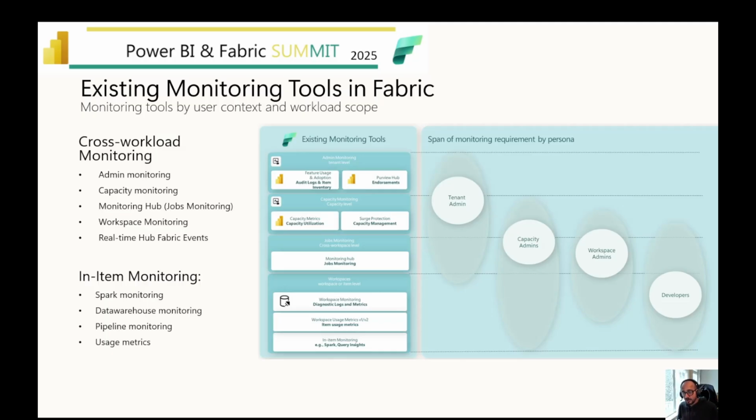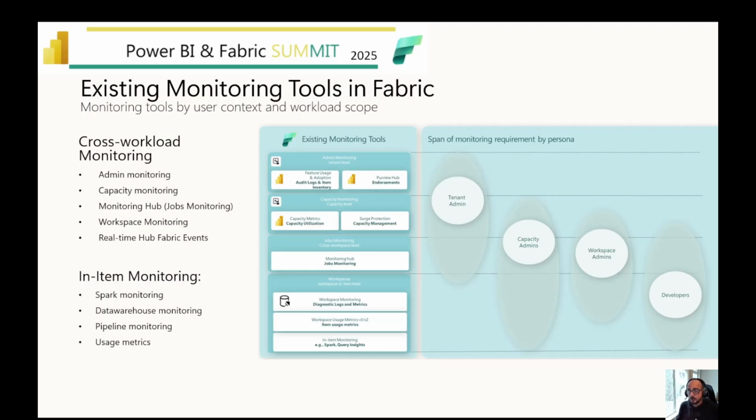The second is more in-item monitoring, where as a SQL developer, you are more interested in the warehouse that you want to monitor and understand the queries that are getting impacted, etc. Right? So a lot of those are targeted within a particular item, within, let's say, a Spark notebook or within a particular warehouse or SQL.